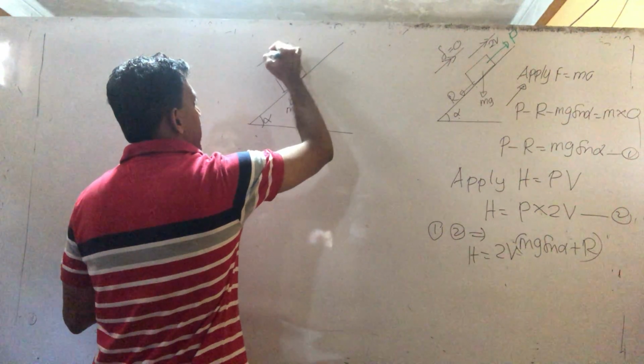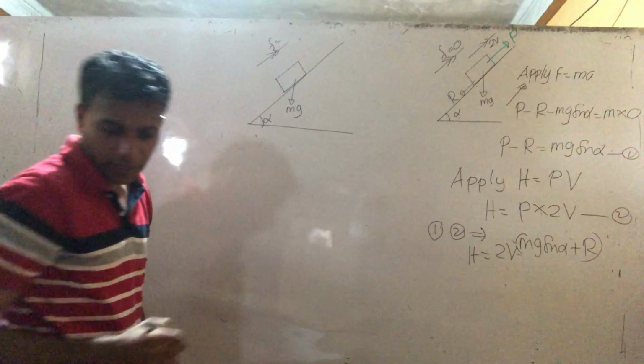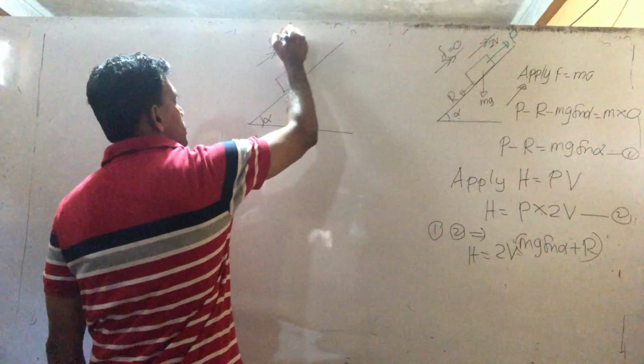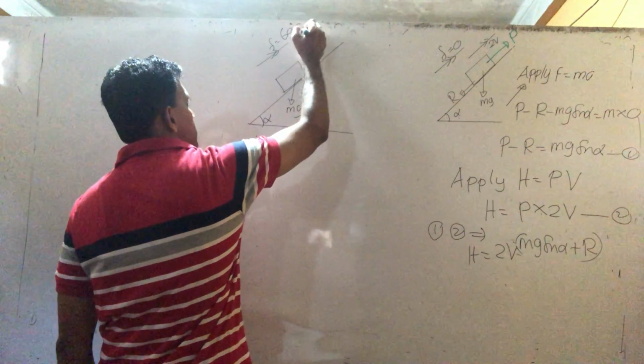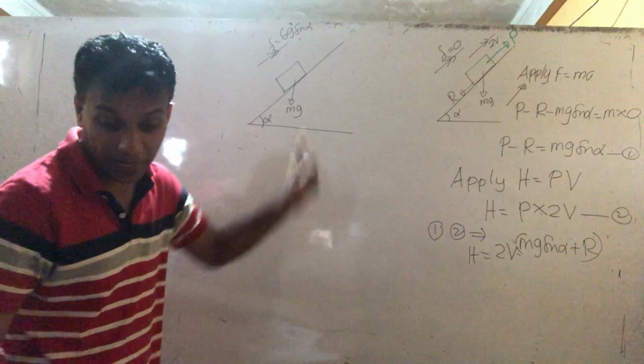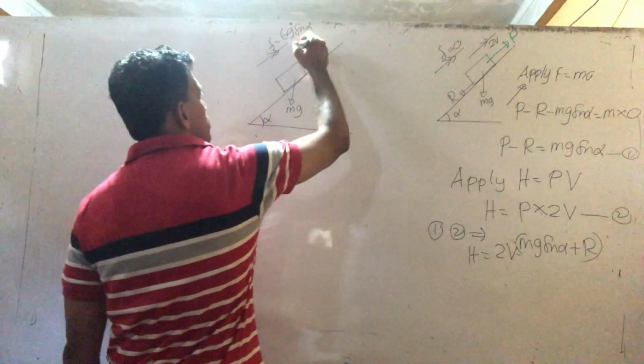The maximum acceleration is 6g sin alpha, and the velocity is v.